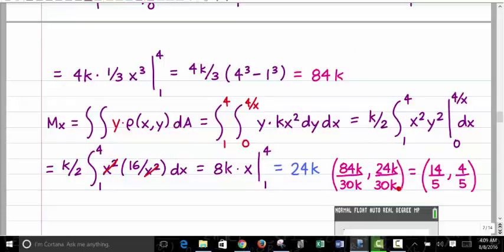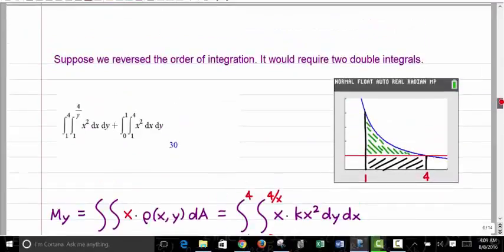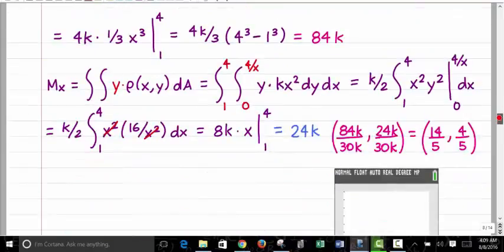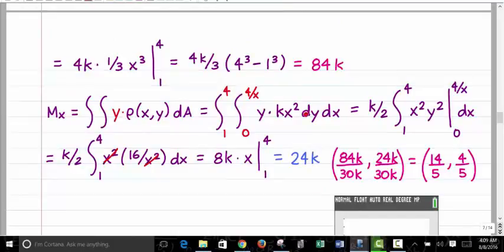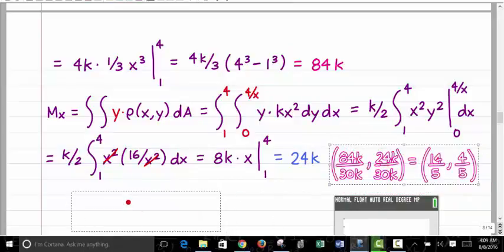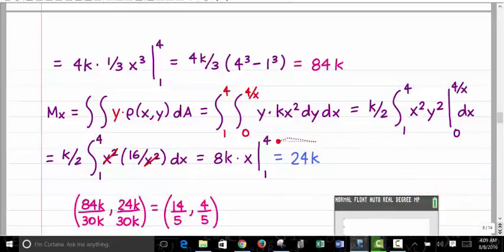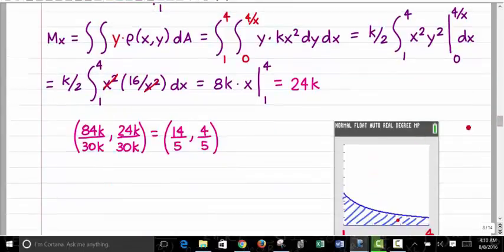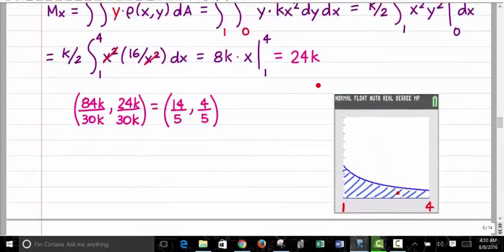So the masses are the denominators, 30k. The My moment right there is 84k, and the Mx moment is 30k. And so we divide that, and we have 14 over 5 after you reduce it and cancel the k's. 14 over 5.